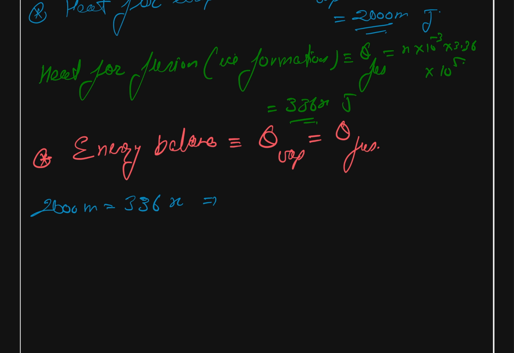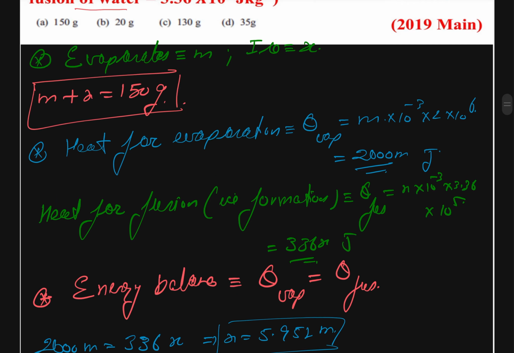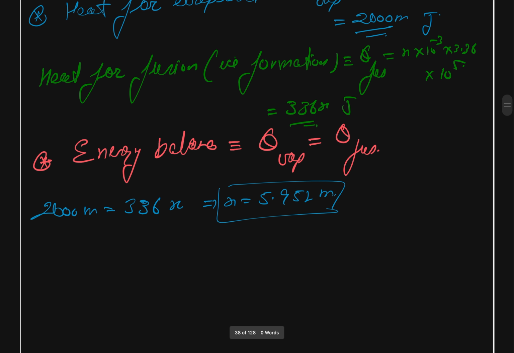and from here we can say that x is equal to 5.952 times m, and we already know that the summation is equal to 150.